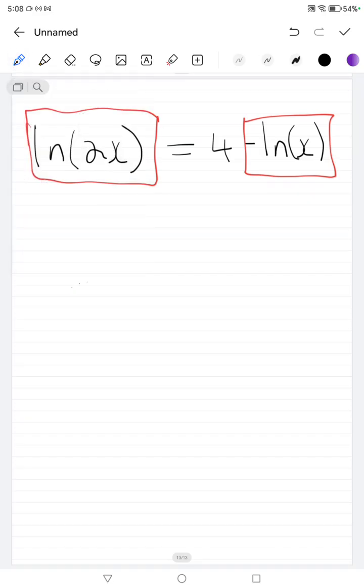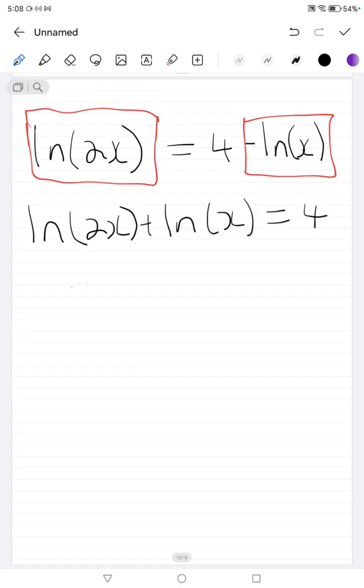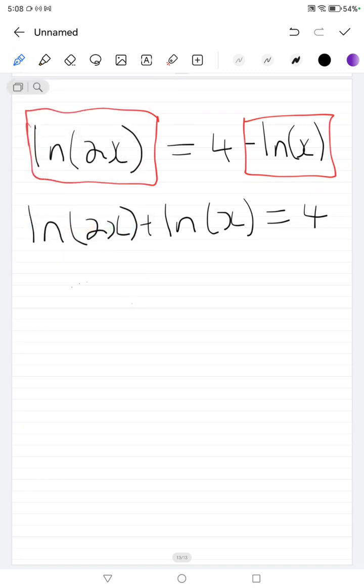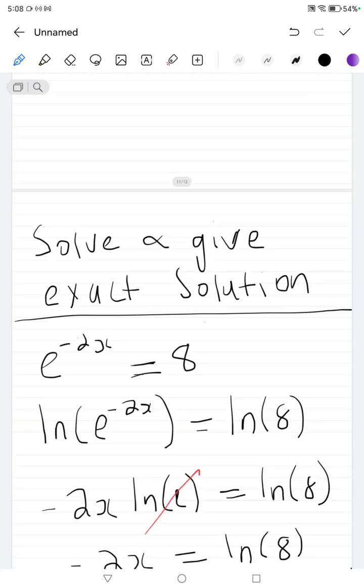If we were to rearrange, we're going to get something like ln of 2x plus our ln of x is equal to 4. What are you able to see? From theory, what did I say from theory? You know that your ln of a plus your ln of b is the same as ln of a times b. I just hope I wrote it down.